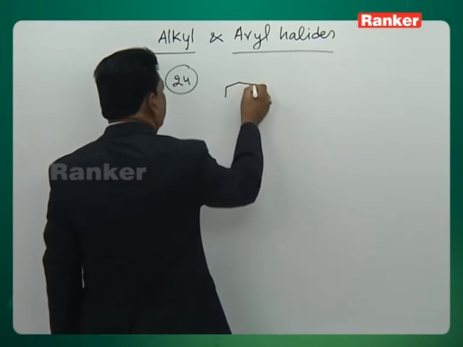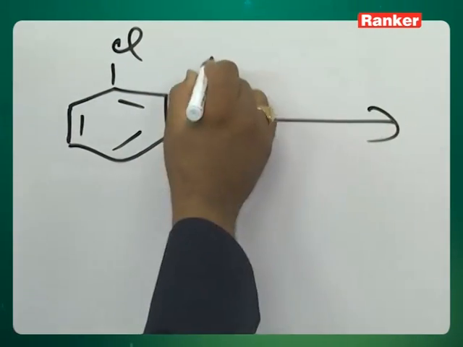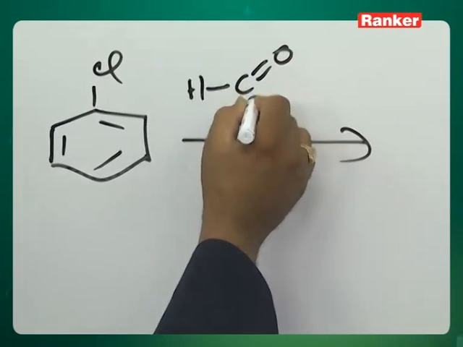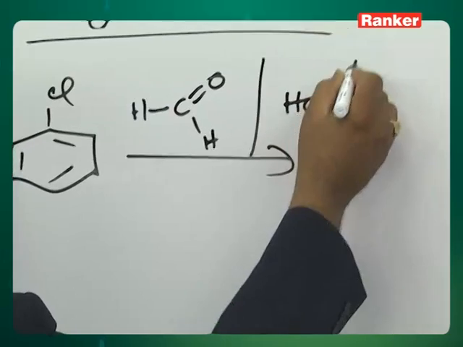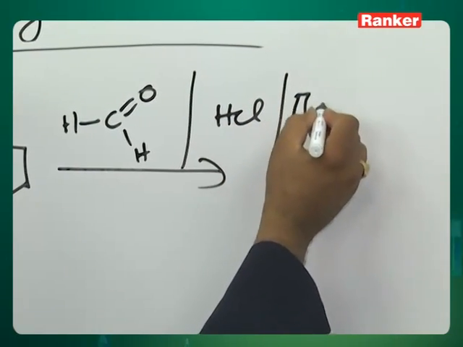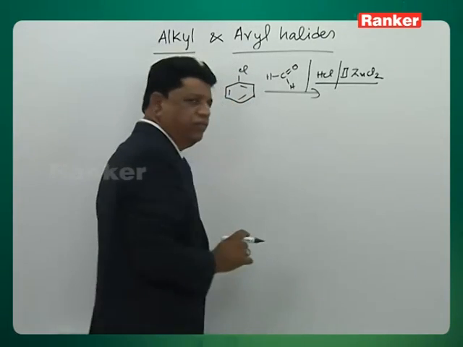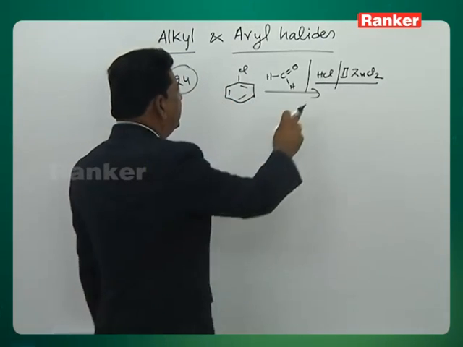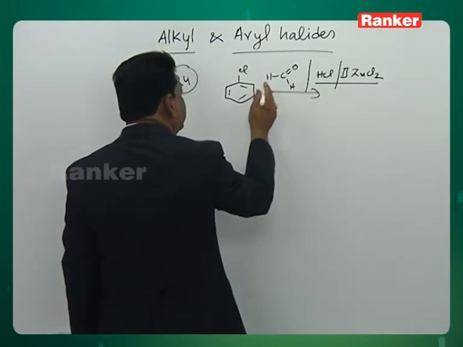When chlorine is already there, the reaction is with formaldehyde in presence of HCl and anhydrous zinc chloride. Actually, this is a combination like Lucas reagent, and HCl, and this will form a chloromethyl electrophile, which attacks the benzene.